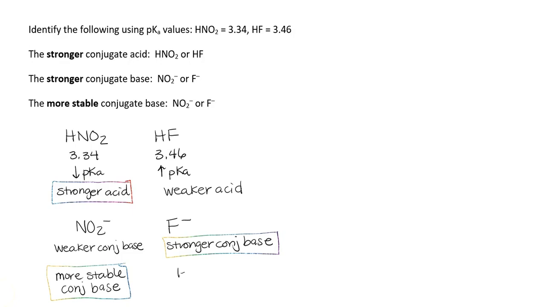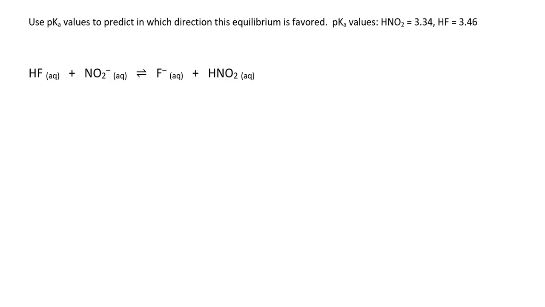And just for completion, I'll fill in for fluoride as being the less stable conjugate base. These can be a little bit confusing, so it's a good idea to practice with several examples and go through the logic systematically each time, and then you'll be able to internalize that logic and it will make more sense.